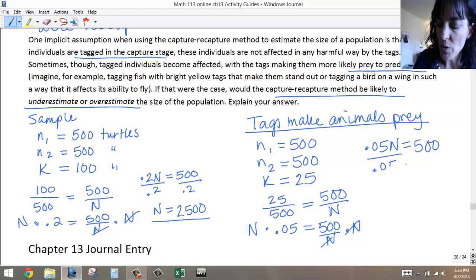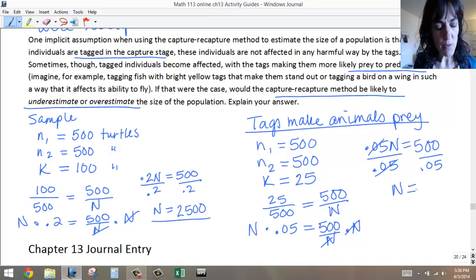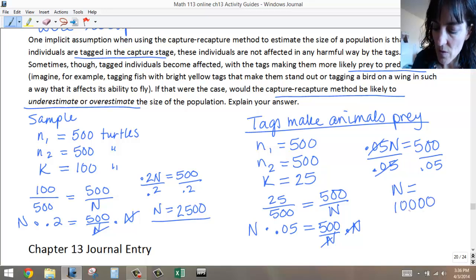Divide both sides by 0.05. And those cancel there, so we just have N equals 500 divided by 0.05. And so that says it's 10,000.